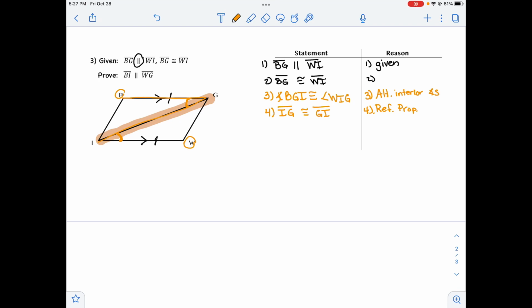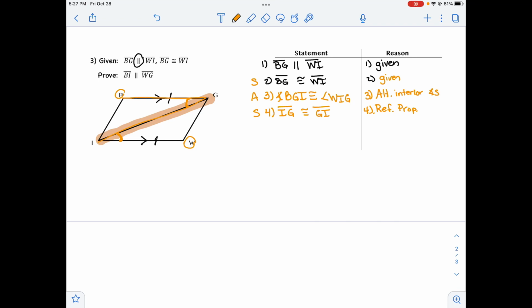Okay, so now we actually have here, oh, I forgot to write given up there. We actually have here a side, an angle, and a side. So we have enough now to prove what type of triangle. We can't just say that because we ordered it side angle side that it's side angle side. It could be, we just have to look a little bit.